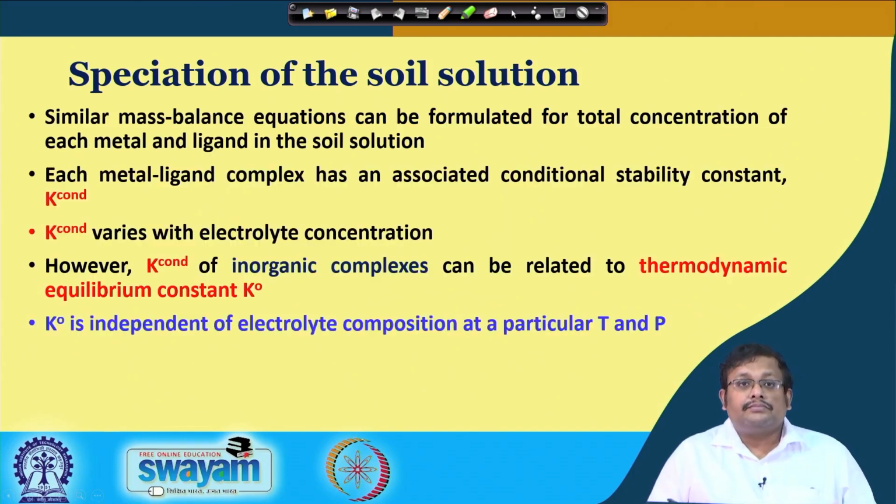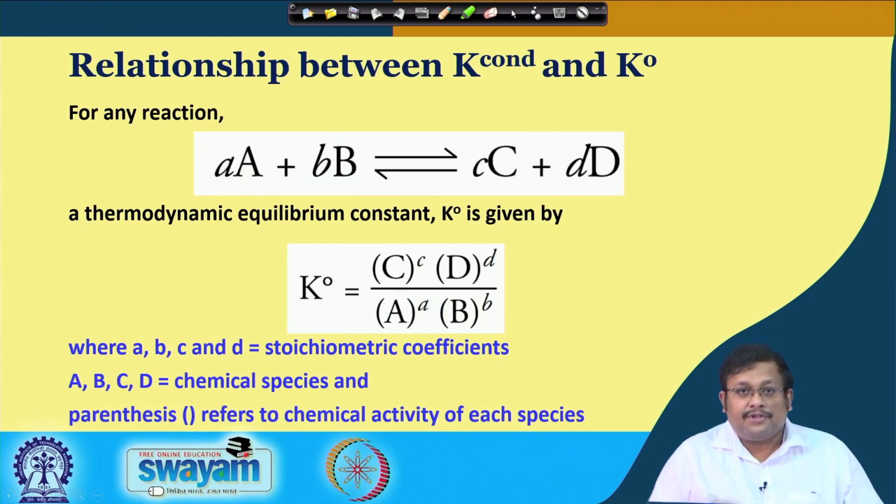And then we have talked about some important stability constants like conditional stability constant, and then thermodynamic equilibrium constant, and what are the properties of thermodynamic equilibrium constant. We have shown one reaction.